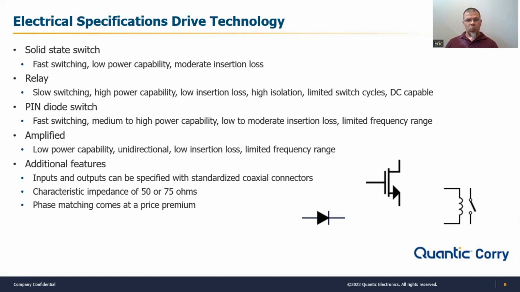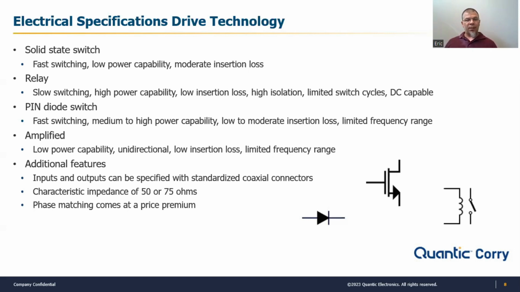In those instances where the lowest insertion loss is required, then having an amplifier in the switch path is of benefit. But the drawback there is then it makes the switch matrix unidirectional. So the RF signal will only be able to flow in the path of amplification. It won't be able to pass back through from the output of the amplifier to the input of the amplifier. So it's a double-edged sword.